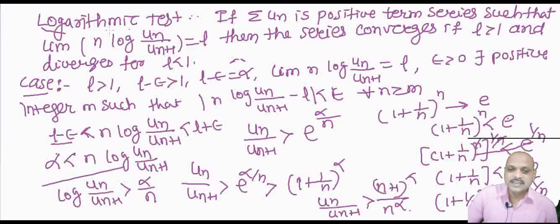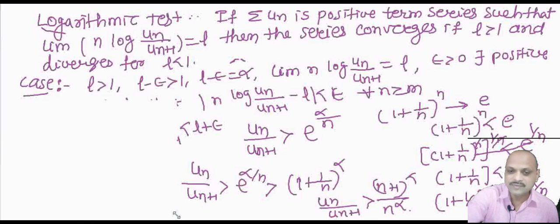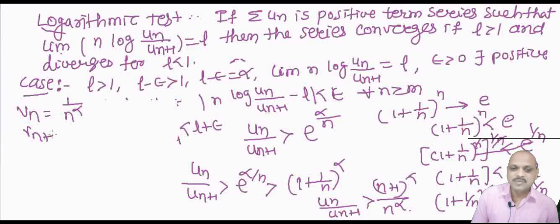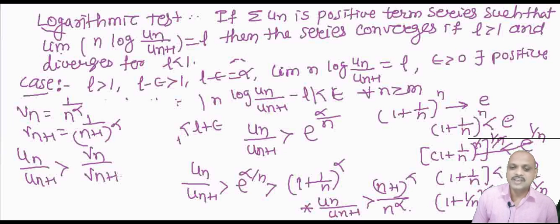Now, let us take the series Vn as 1 divided by n raised to alpha. Then Vn plus 1 equals 1 divided by n plus 1 raised to alpha. From this, we can write un divided by un plus 1 is greater than Vn divided by Vn plus 1.